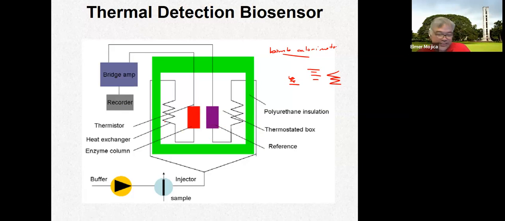So any interaction of your sample that contains the analyte with the enzyme there, it can generate heat. So parang tinitake advantage dito yun what? Exothermic, endothermic reaction. So any changes in the temperature that is detected by the resistor or thermistor, which is resistor temperature.